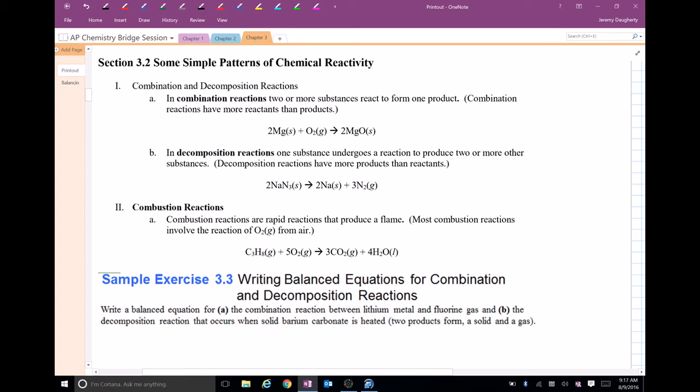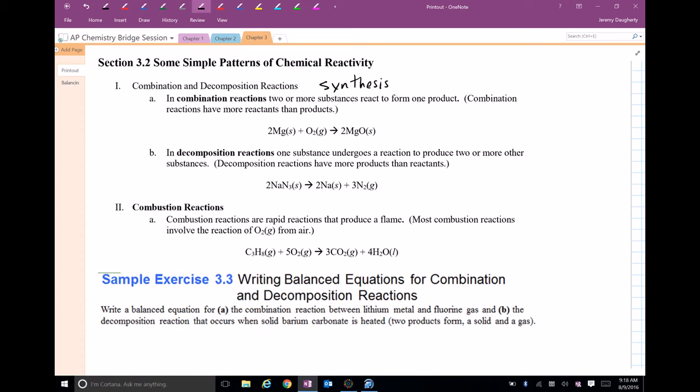As we go along, we will remind ourselves about the different types of chemical reactions. The first type is a combination or synthesis reaction. You may remember it as a synthesis reaction. That's where we take 2 or more reactants and make one product.